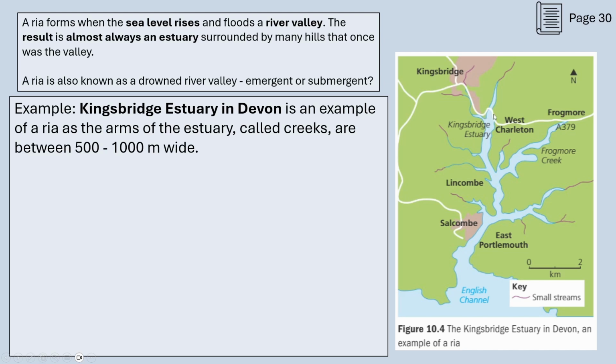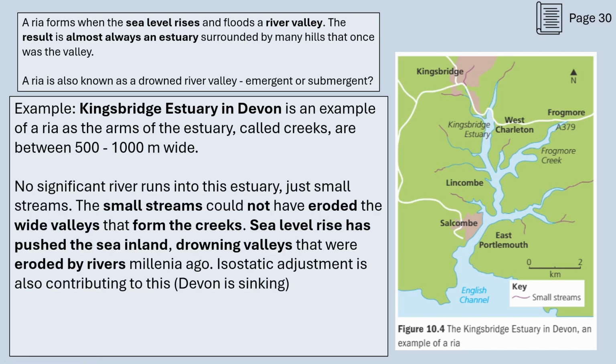No significant rivers run into this estuary, just a collection of small streams, and the small streams could not have eroded the wide valleys to form these creeks. So what has happened is sea level has risen, pushing the sea inland, drowning what once were probably relatively small V-shaped valleys to form a ria.